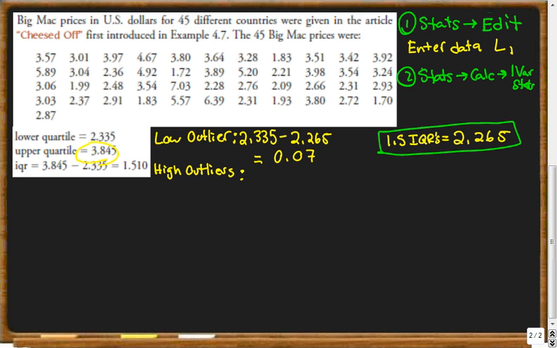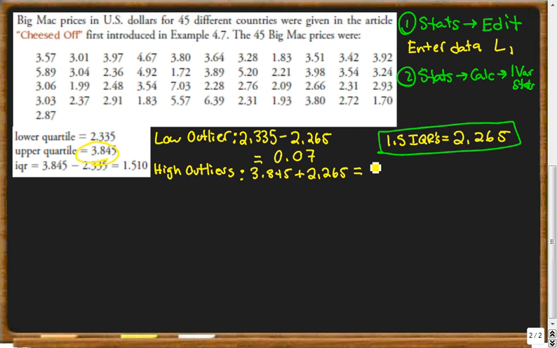So if we look for high outliers, so ones that are drastically more expensive than others, we're going to take our upper quartile, which is 3.845, and we are going to add 2.265 to that. Now this should get us up to, let's see here... or actually, what am I talking about?